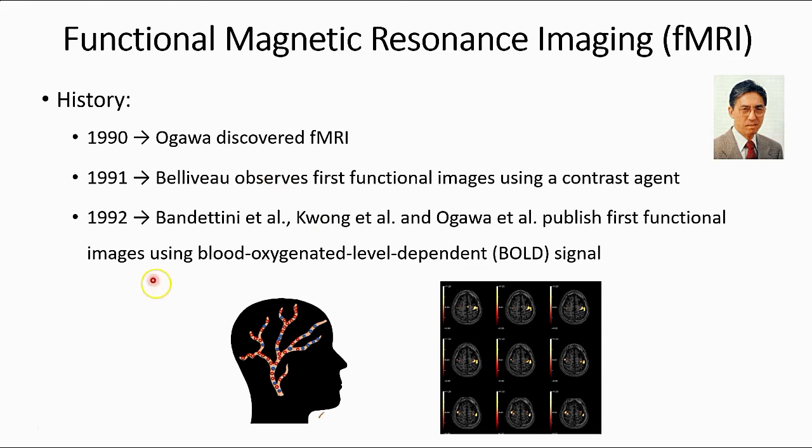In 1992, three groups from different laboratories, Bandettini et al., Kwong et al., and Ogawa et al., simultaneously and independently published the first functional images using the BOLD mechanism without an exogenous contrast agent. Therefore, Ogawa used blood oxygen level dependent, or BOLD, contrast to map brain activity.